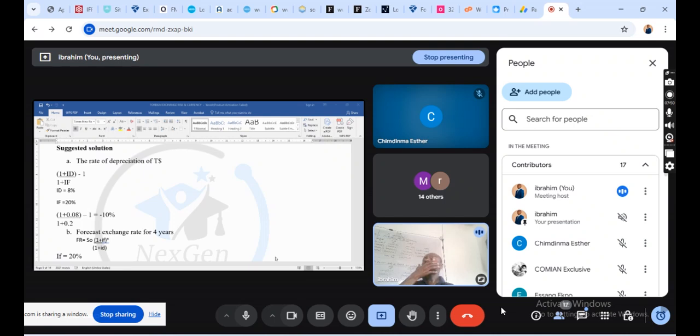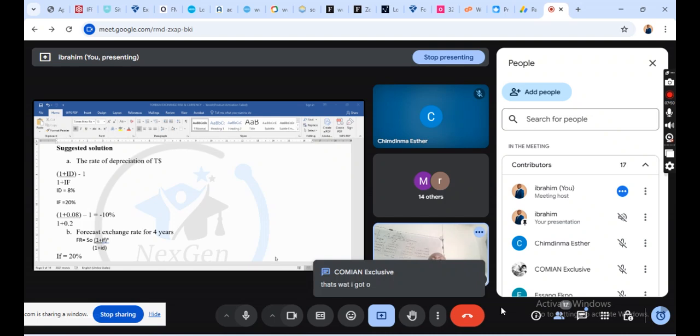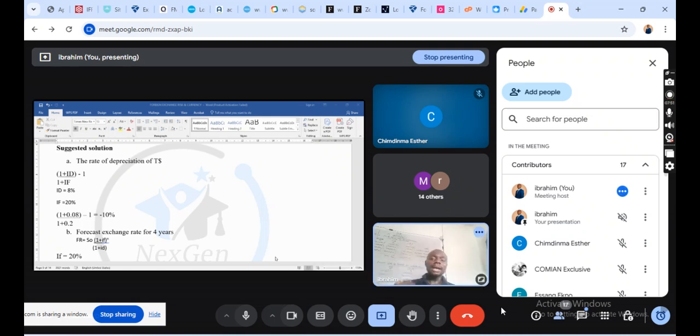It means that your spot rate will decrease by 10% for each of the years. Your spot rate will decrease by 10% in each of the years.